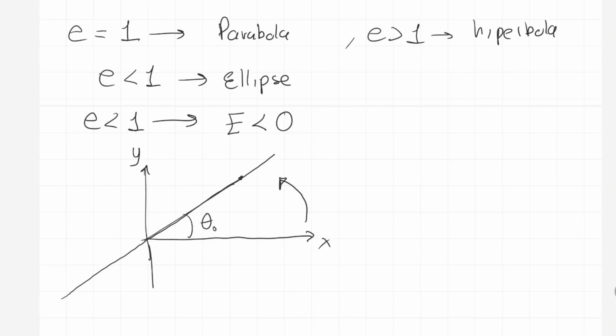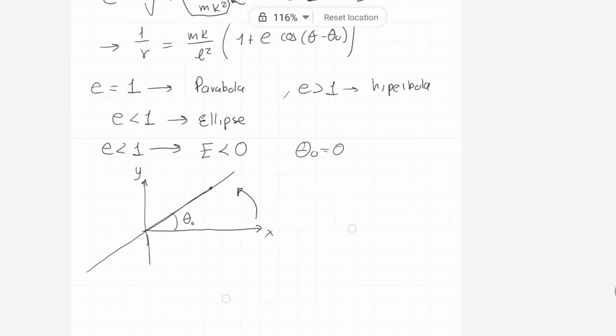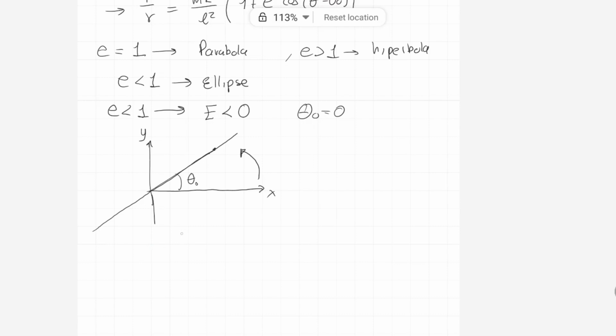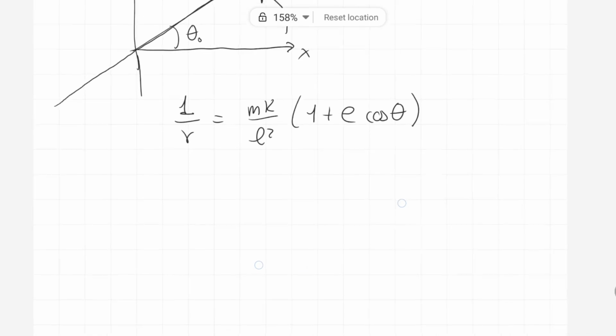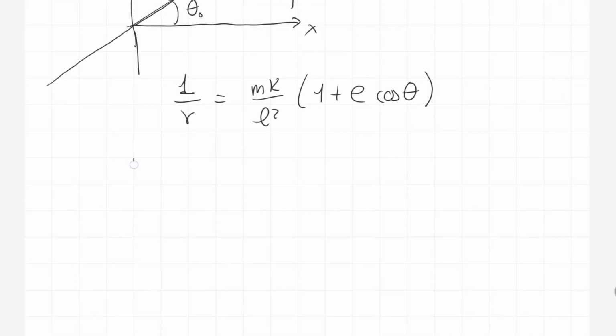Okay, so we are going to rotate the axis just to take theta 0 equal to 0 and to simplify the equation that we just found. That means that 1 over r is going to be mk over L squared times 1 plus e cosine theta. Okay, now in that case we can draw the motion of the object. For example, let's say that it is in this position here. Well, it will move on this trajectory, for example.